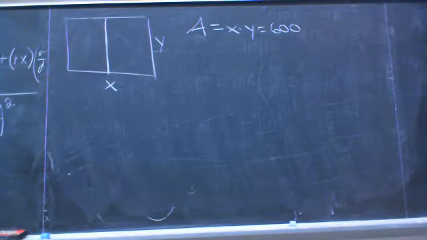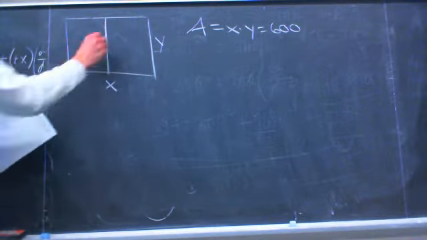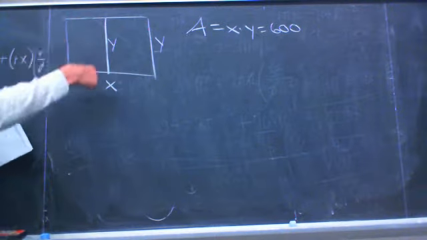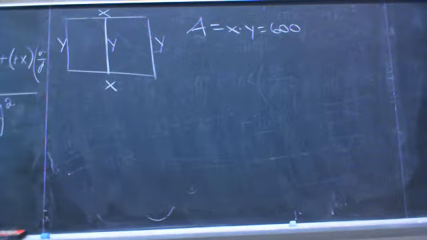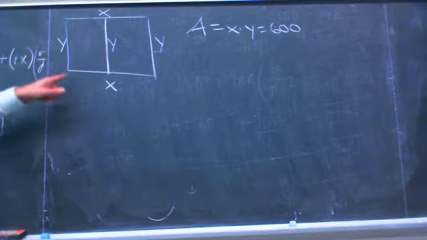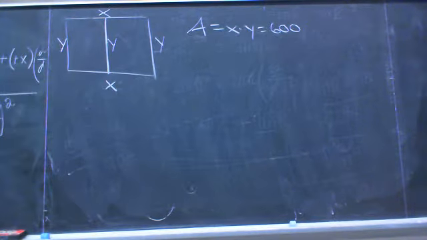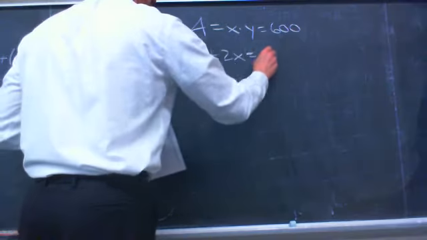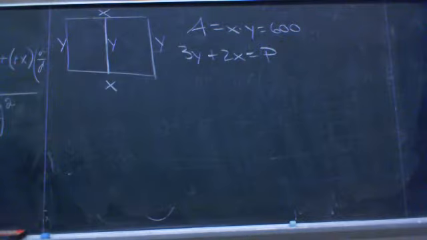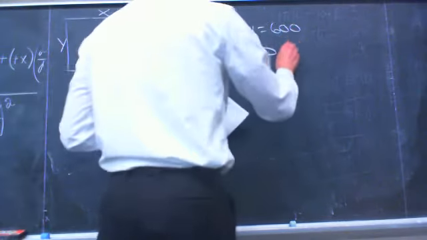Is that perimeter, area, or volume? Perimeter. So this is y, this gets fencing, and this is x, that gets fencing. You don't have to call this a half x and a half x, because that just adds to give you x. So now I can say that 3y plus 2x is my perimeter. This is the one I want to what?